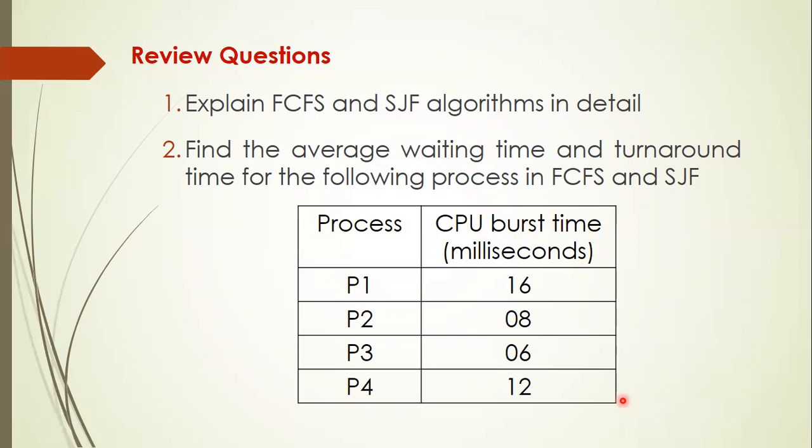In the examination, one question will definitely come from CPU scheduling policy. It could be like this: Explain FCFS and SJF algorithm in detail. Here you have to give their features, advantages, disadvantages, and consider a simple example also. Find the average waiting time and the turnaround time for the following processes in FCFS and SJF. Already I have illustrated one example. You try to solve this one as a second example.